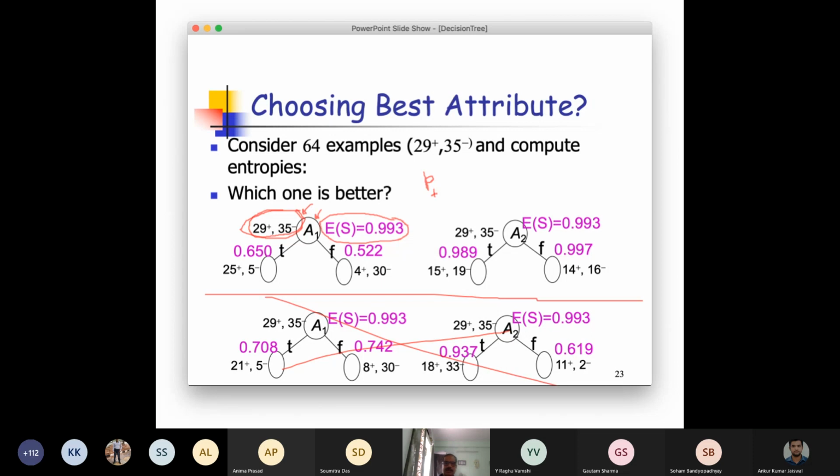Suppose there are only 64 examples, as already mentioned here. With respect to that, what is the probability of positive samples? It is 29 by 64. Is it clear? Then what is the probability of negative sample levels? That would be 35 by 64.